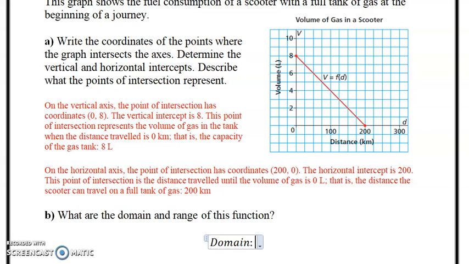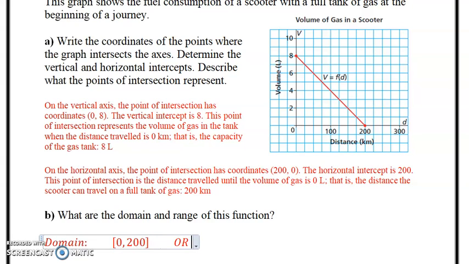So we could have square bracket 0, comma 200. All right, that's one way to show the domain. Remember, domain is your horizontal. Okay, I'll make this red for us. So there's some different ways to write the domain. That's the first one. All right.